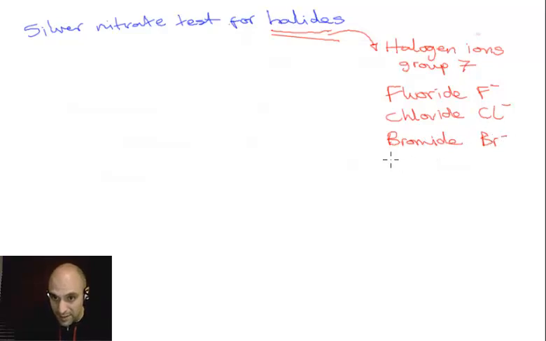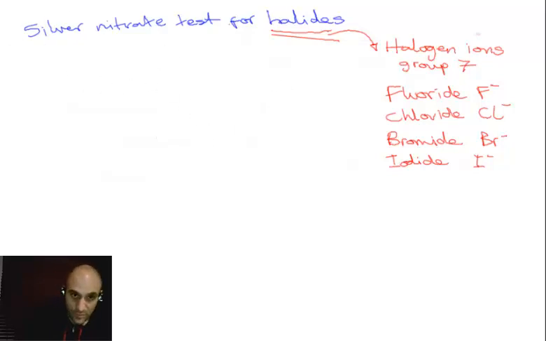And finally you have the iodide ion, I minus. I haven't done the fluoride test for you on the video next. I've just done chloride, bromide and iodide. However, I'm just going to quickly give you the chemistry of the tests now.